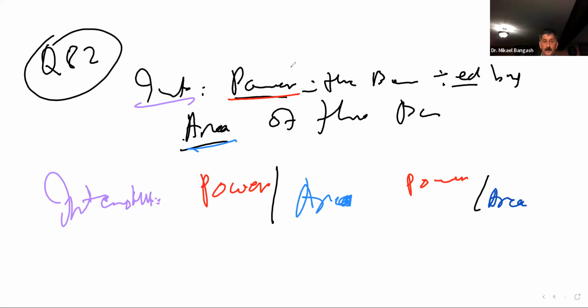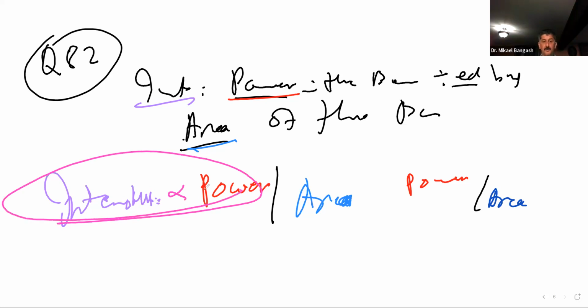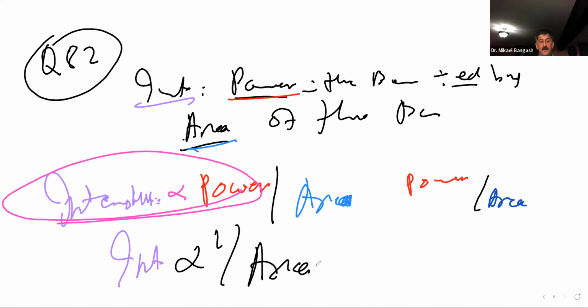Now we probably already have said that these two here are directly proportional. And intensity and area are inversely proportional.